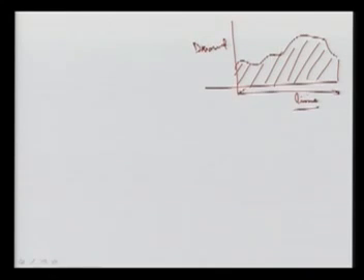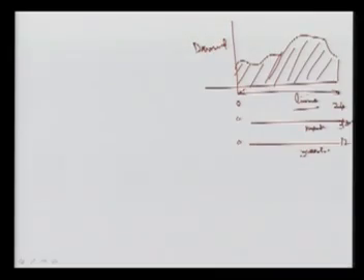Let's suppose here 0 to 24, so it will be for 1 day. If you are going for 1 month, then it is from 0 to 30 days, and this is called monthly. If you are going for yearly, then it is 0 to 12 months, and then it is yearly. So the area gives your total energy produced during that period.